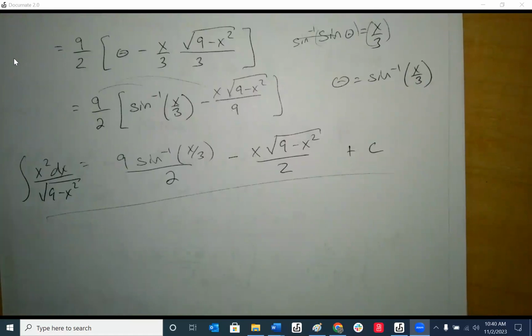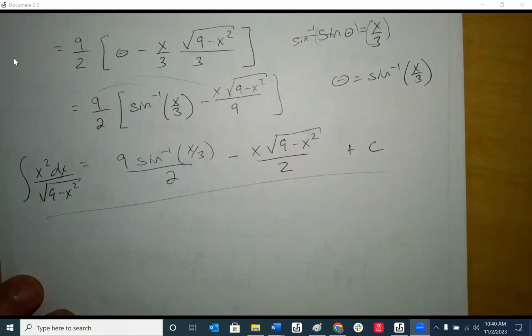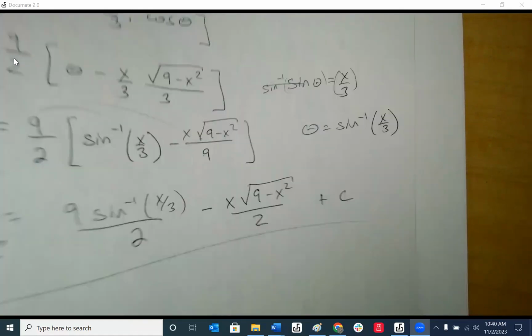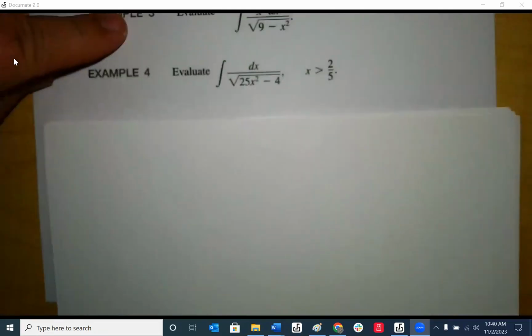And again, use your trig cheat sheet for all these identities, because we always want to go down from a power. It's difficult to integrate with cosine squared or sine squared. If we make it go down to a lower power, then it's a lot easier. And our last one, example 4.